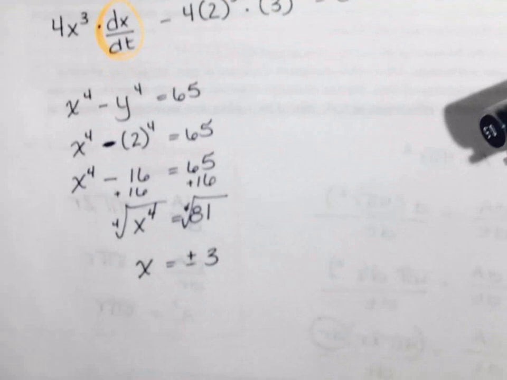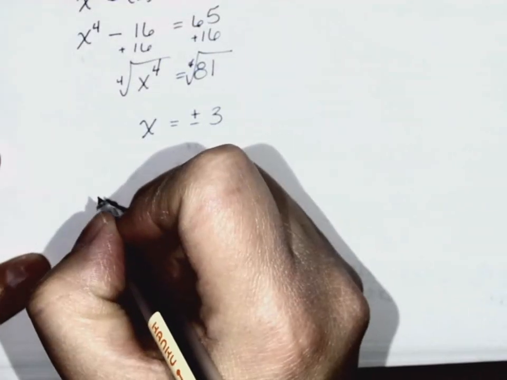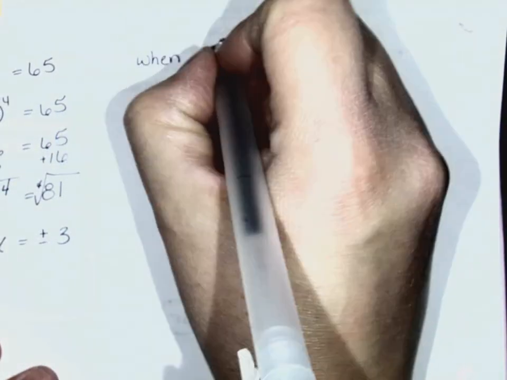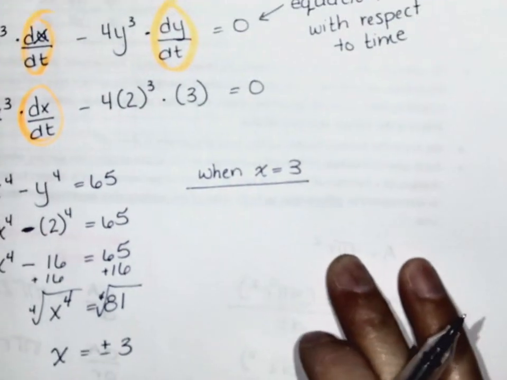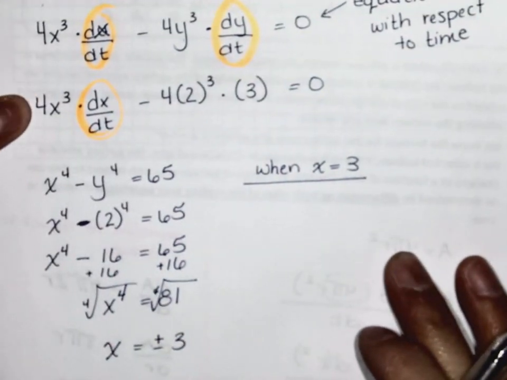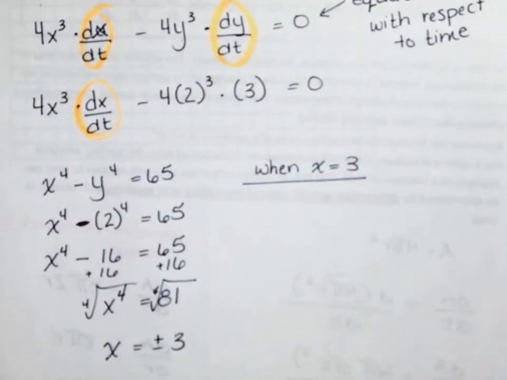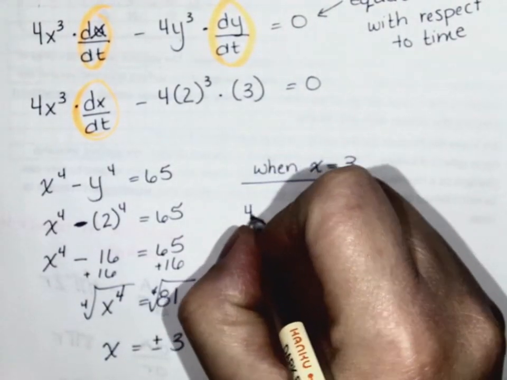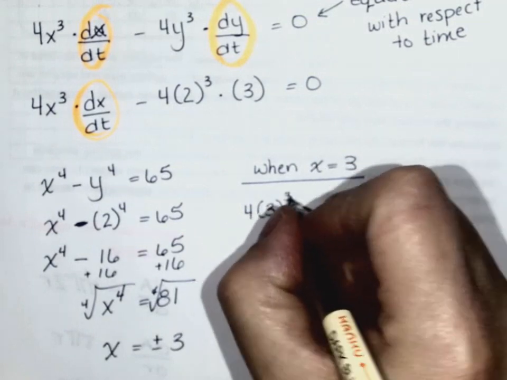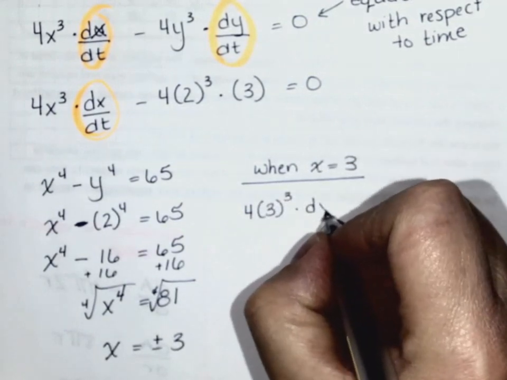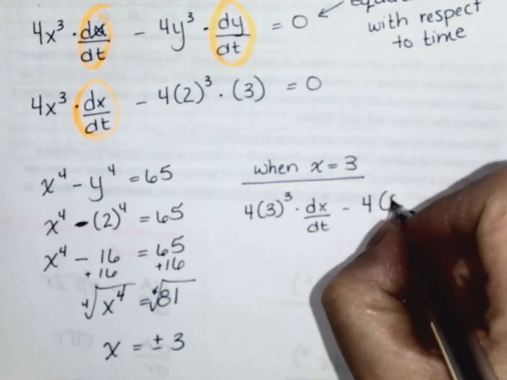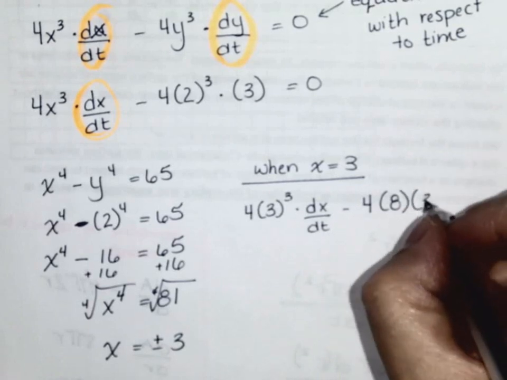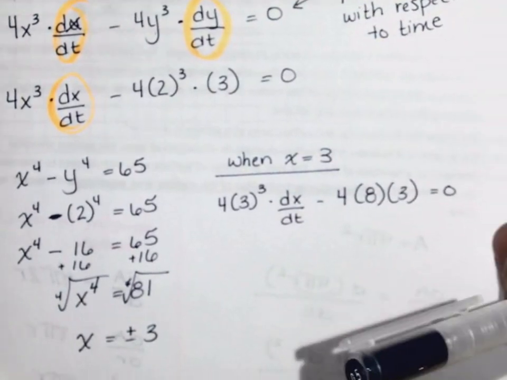So we're going to do the positive one first. So when x is 3, I'm going back up to this line right here, because I have all my stuff substituted in it. So 4 times positive 3 cubed times dx over dt minus 4 times 8 times 3 equals 0.